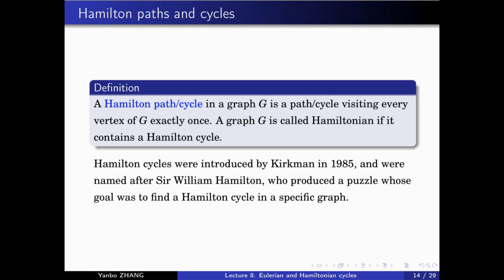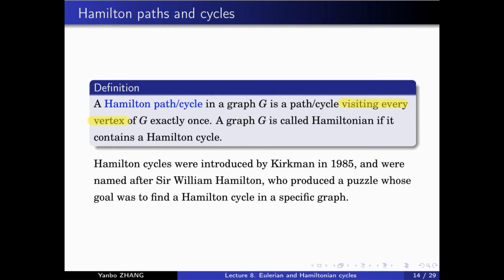Now we come to the second section, Hamilton paths and cycles. Eulerian trails and tours consider visiting every edge exactly once, but Hamilton paths and cycles consider visiting every vertex exactly once.